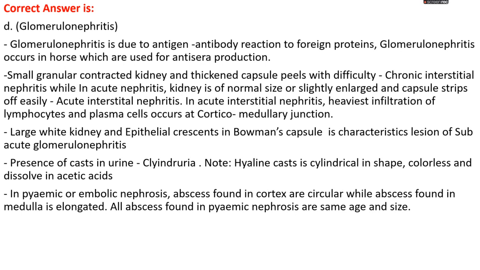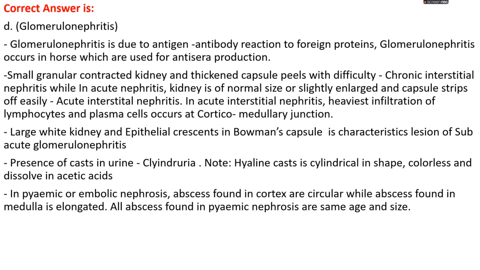In acute interstitial nephritis, heaviest infiltration of lymphocytes and plasma cells occurs at the corticomedullary junction. A large white kidney with epithelial crescents in Bowman's capsule is a characteristic lesion seen in subacute glomerulonephritis. If there is presence of casts in urine, that is known as cylindruria. Note, hyaline cast is cylindrical in shape, colorless, and dissolves in acetic acid.